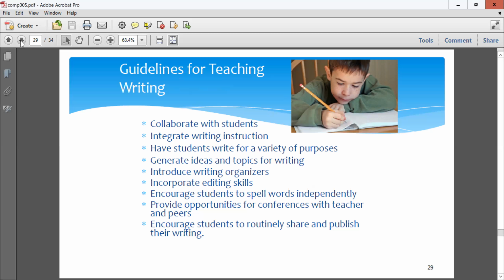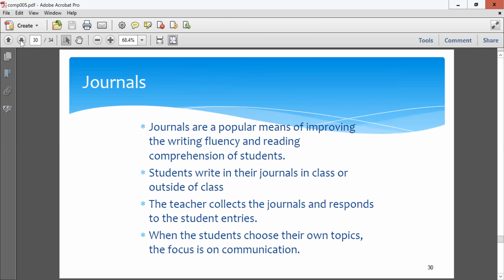It's more important to get the information down and then look at it again, and encouraging students to conference both with the teacher and their peers, and then sharing and publishing their writing. That's really important, so that students take ownership in their work and pride, and we honor that.